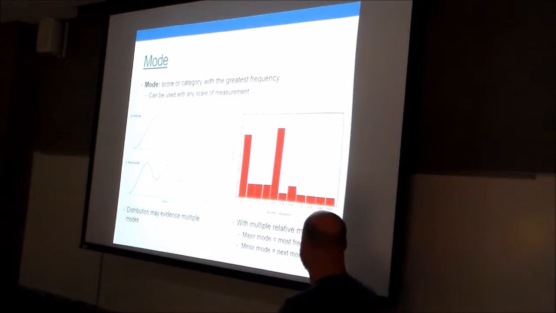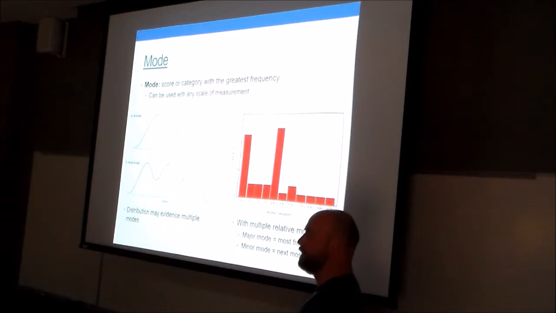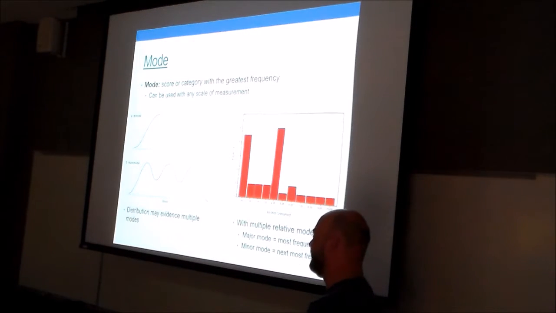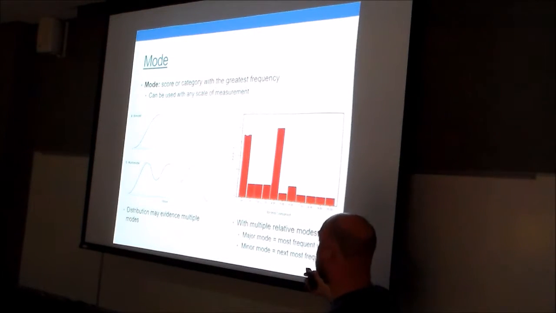If this is drinks per week, our technical mode here is going to be 4 because it's the value with the most observations. But we've also got 0, which is prominent enough that we should probably identify this, right? So we call this a major mode and a minor mode in this distribution.